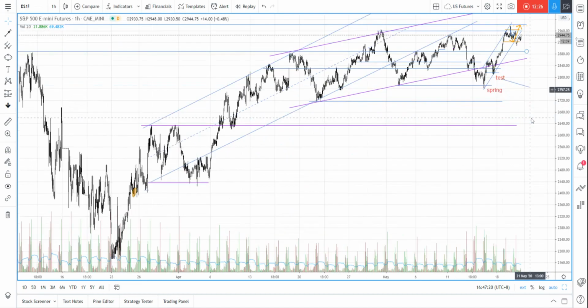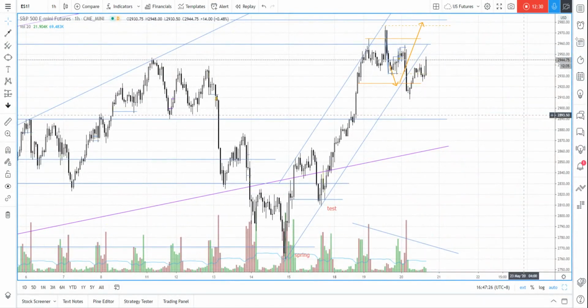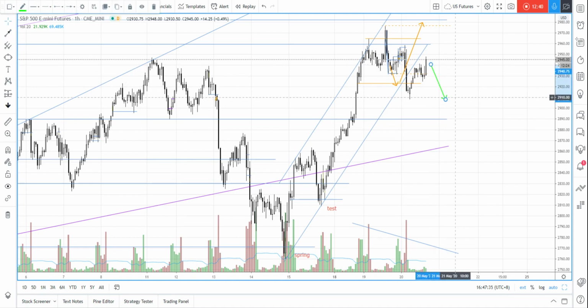Currently my bias for day trading today is definitely still up, but I am still looking for a reaction to happen, maybe a test of this swing low at 2910, and it can go all the way back to maybe 2890.